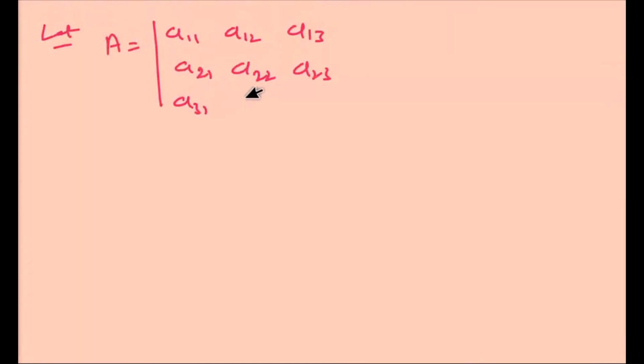Let A equal to determinant A11 A12 A13 A21 A22 A23 A31 A32 A33. We are going to evaluate this of order 3 into 3.